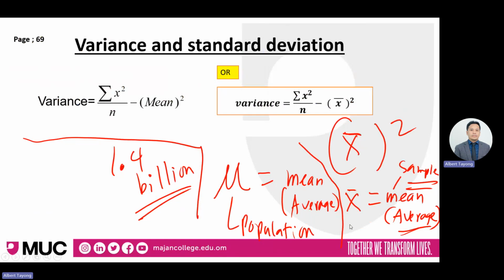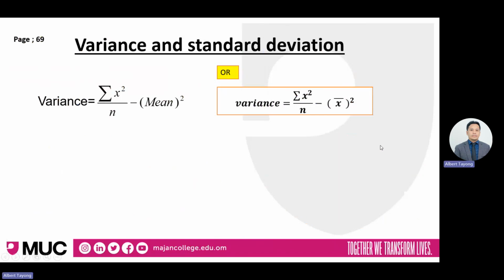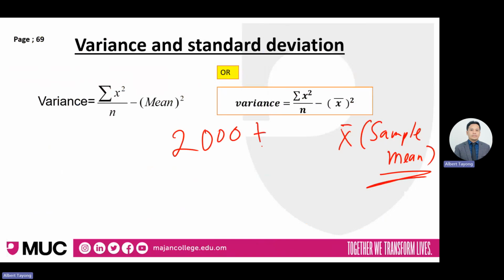Okay, so usually we take a sample, maybe we take 50 people in one city and 50 again in a different city, and based on that, we conclude. Okay, so usually we use a sample. This is the sample mean. We don't include all the people involved. For example, if you want to know the performance of mathematics at Majan, it's difficult to include all the students, more than 2,000 students.